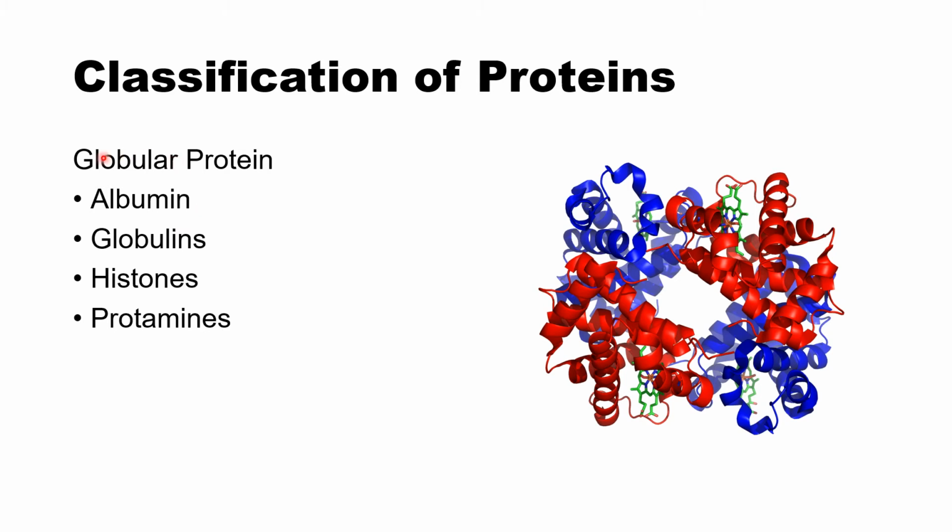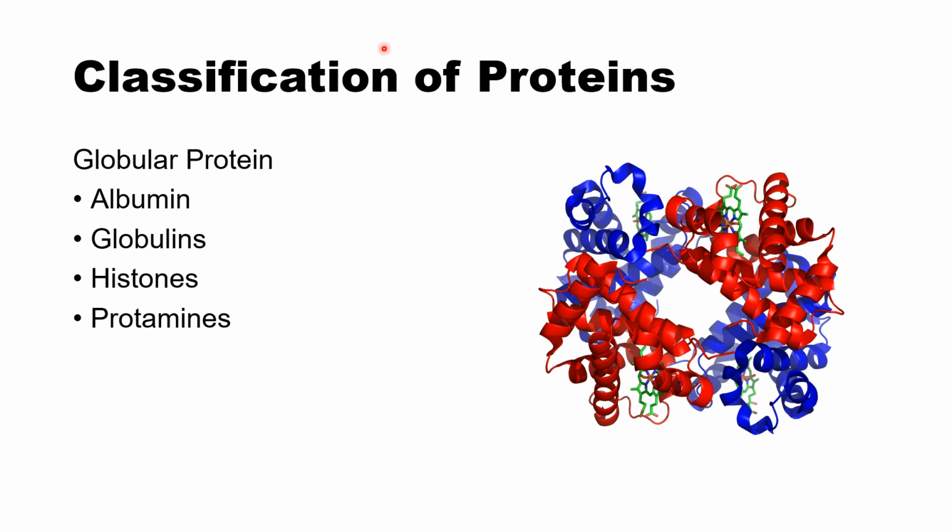Albumin occurs in eggs, milk, blood, and also in plants. For the globulin, it is present in egg, milk, and blood too. They are the main reserve protein source of seeds.